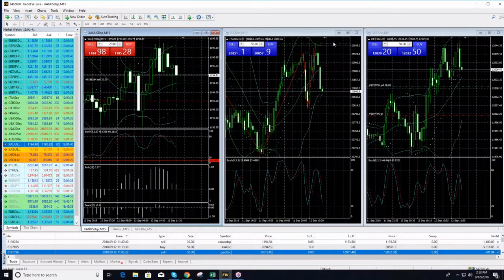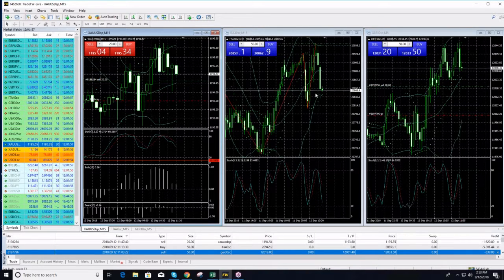But we see DAX started to give us a pattern of reversals. We are short on DAX. Let's see how it will develop.